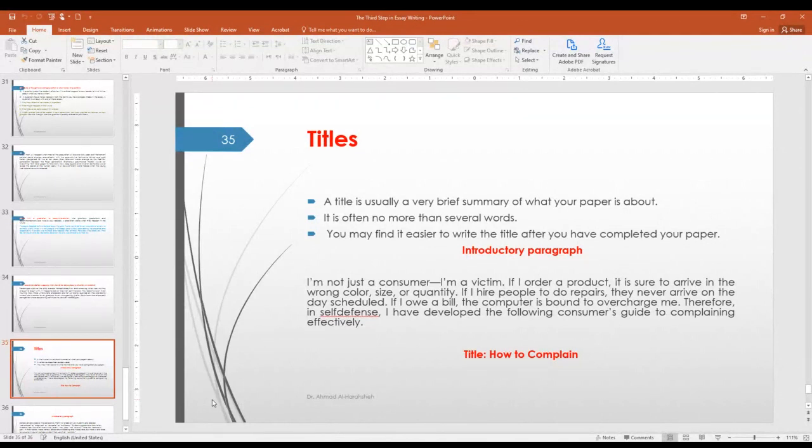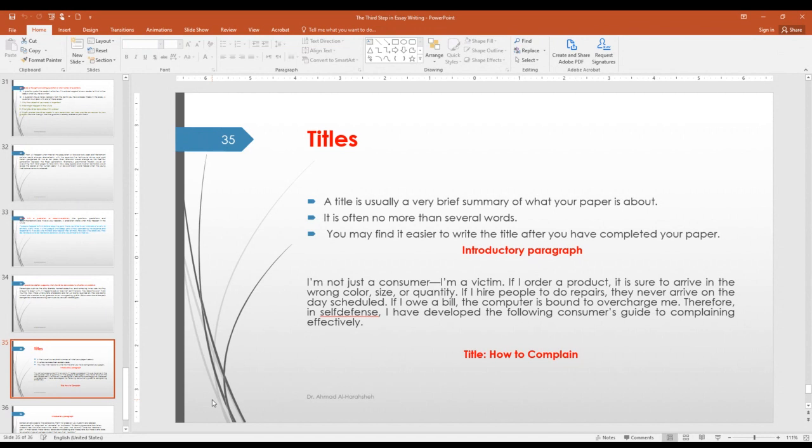Each paragraph should discuss a separate idea from those that have been mentioned in your thesis statement, right? First paragraph, second paragraph, third paragraph, the concluding paragraph. You should apply one of the methods that we have just talked about. Finally, you should write your title. So your title will be the last step.